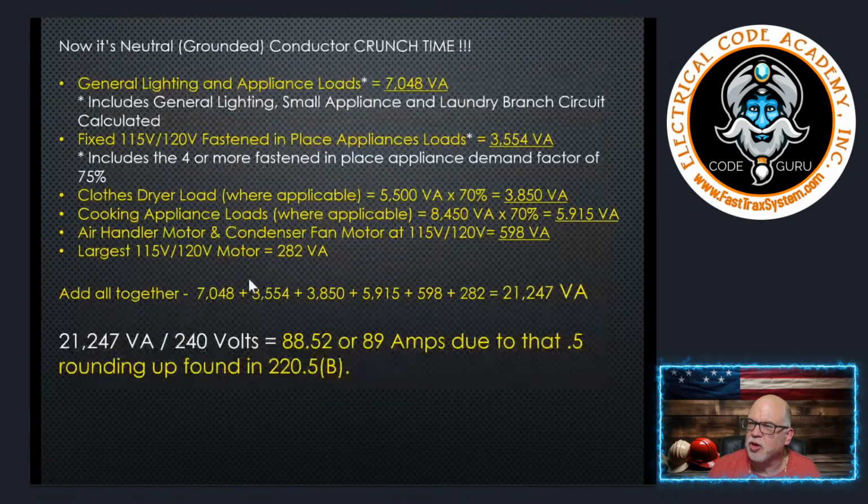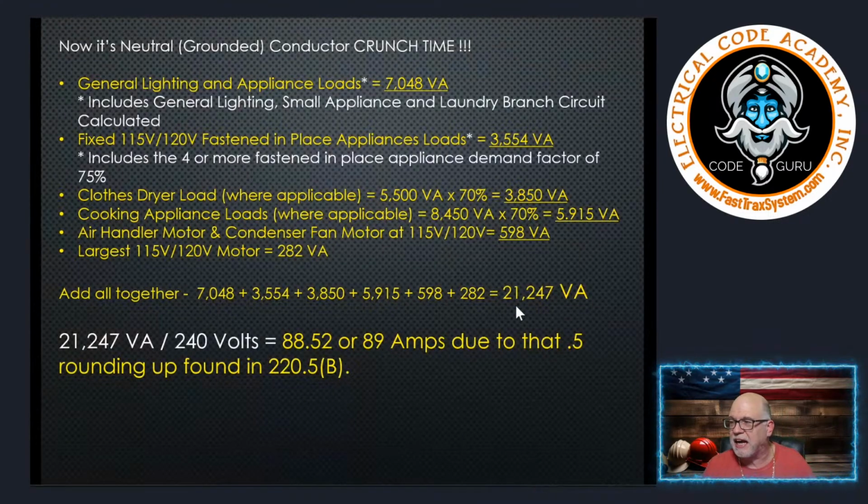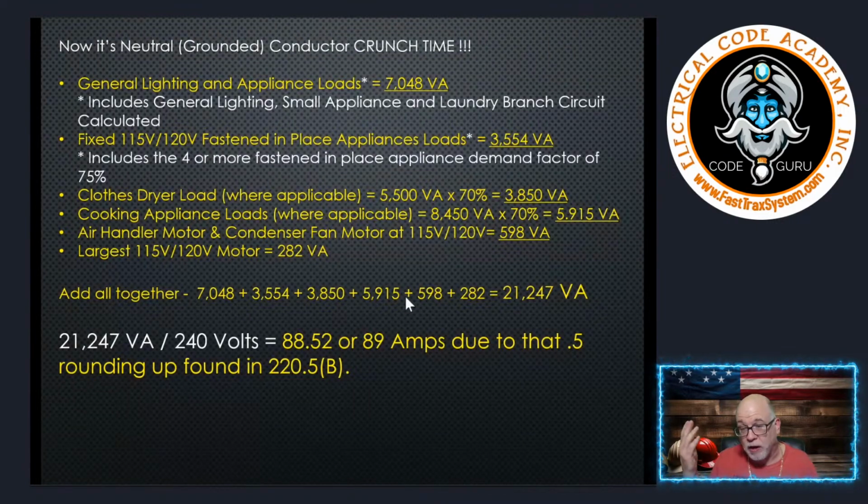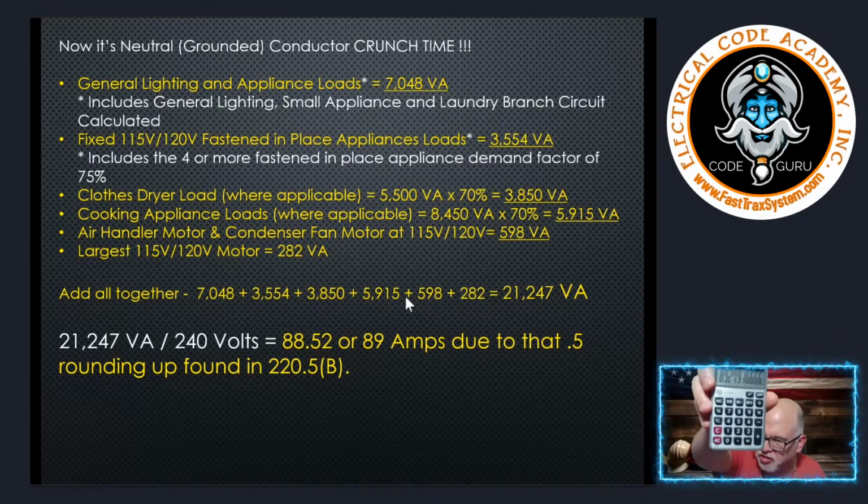So when it comes to the neutral, we're adding all of these neutral loads up. As you can see, we added everything up here, and that was 21,247. Obviously, we divide that by 240, just like we did before. We're running close to my time, so bear with me. I'll take us over just a little bit. I'm going to divide that by 240, and that gives me 89.27.